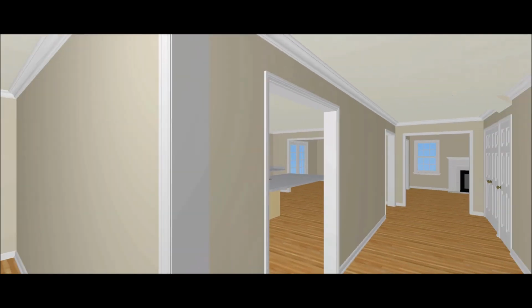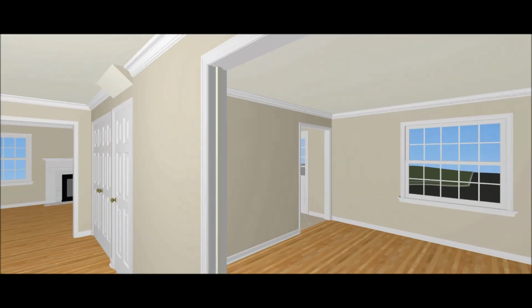And now coming in the driveway door with these walls in place and these doorways in place.